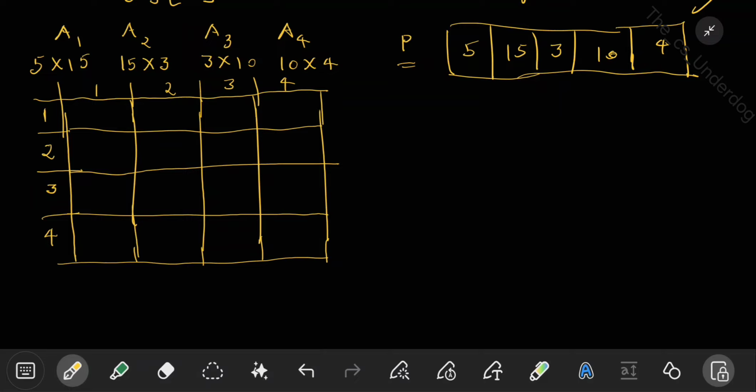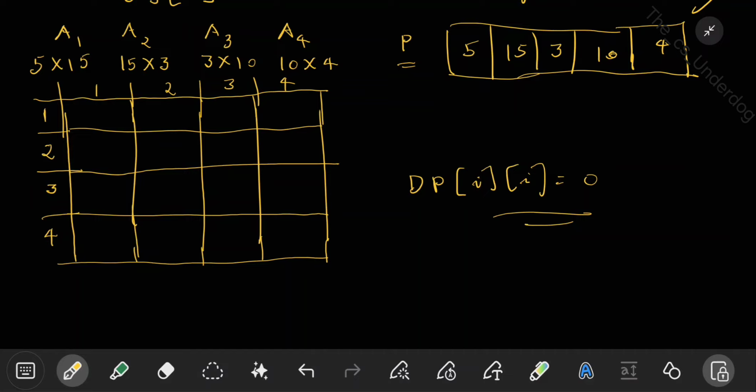Next step is we have to start filling the entries in this table. In the last lecture, what did we learn? The base case is dp of i, i is equal to 0. That is, whenever you have only one matrix, in that case, the total number of scalar multiplications required is 0.